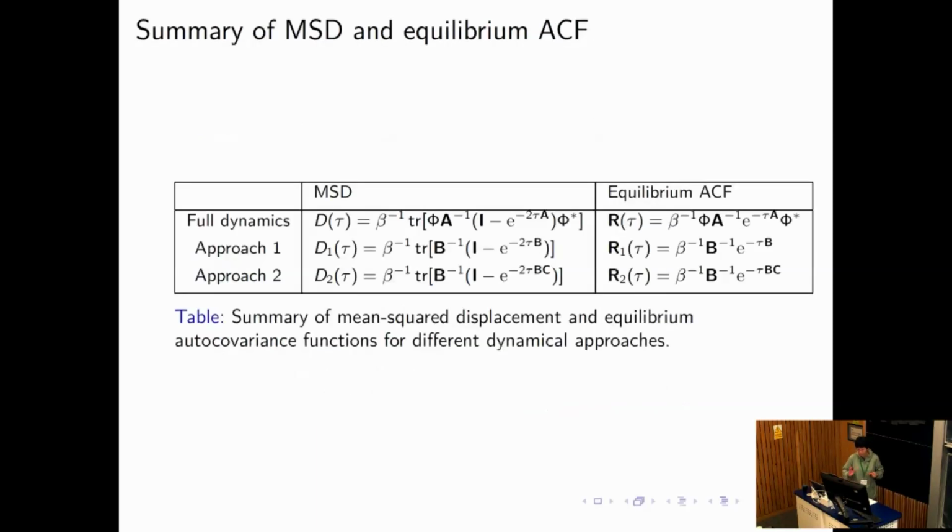And then we can compute the MSD and the equilibrium ACF for both approach 1 and approach 2, at least for this linear system. Based on these expressions, we can derive the error for each approach, and then based on the application, we can decide which approach is more favorable.